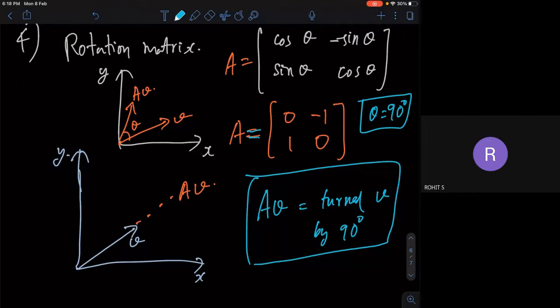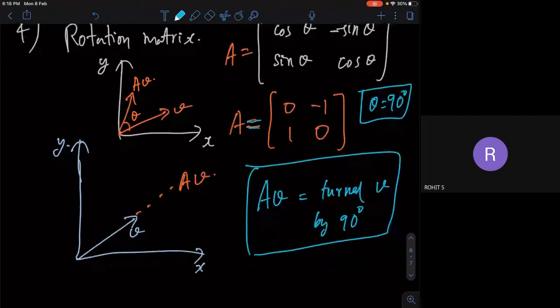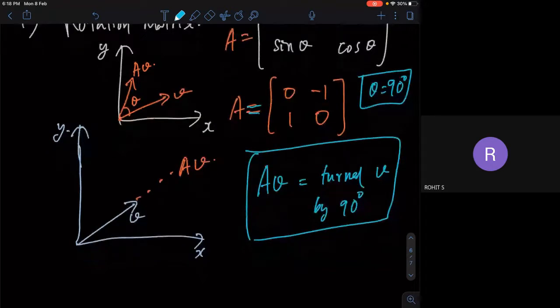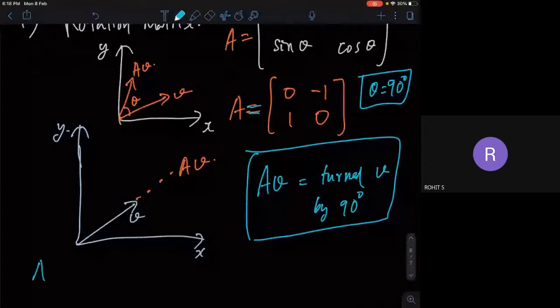Did someone try to find the eigenvalue for this matrix? Plus minus i. No real value, sir. Plus minus i, iota. So if you do this, I want the determinant of this to be 0, right?